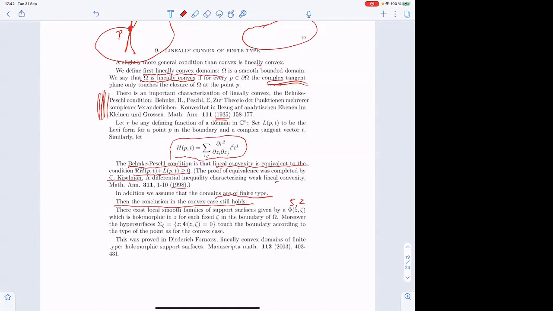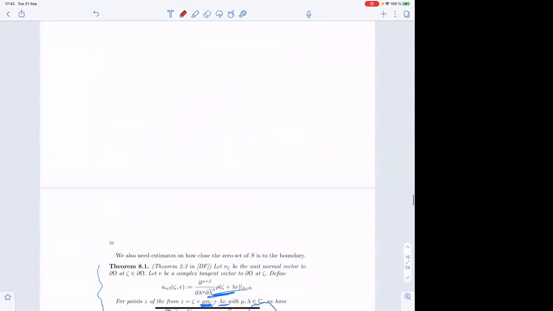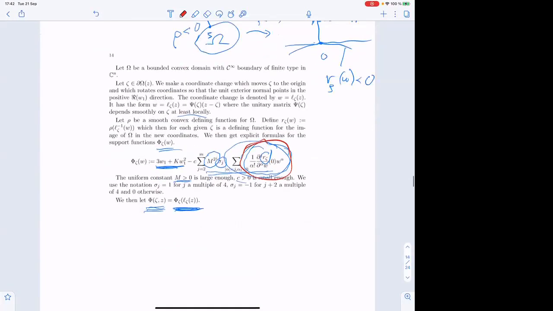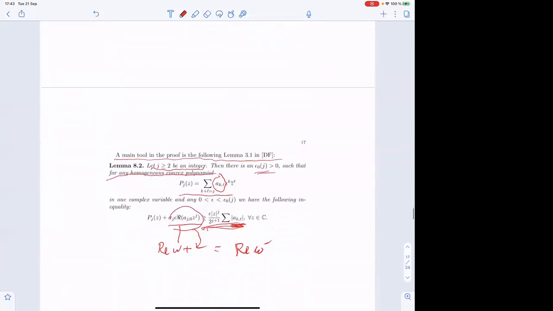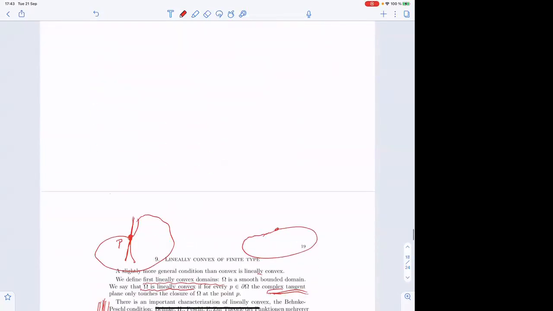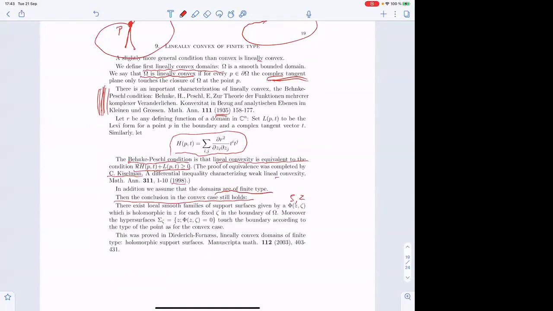And the hypersurfaces touch the boundary according to the type of the point as for the convex case, meaning that in this case also you have the same kind of estimate with these absolute values. That works there too. But it's a long calculation. I'm not going to go into that. But this gives you Henkin-Ramirez reproducing kernels.